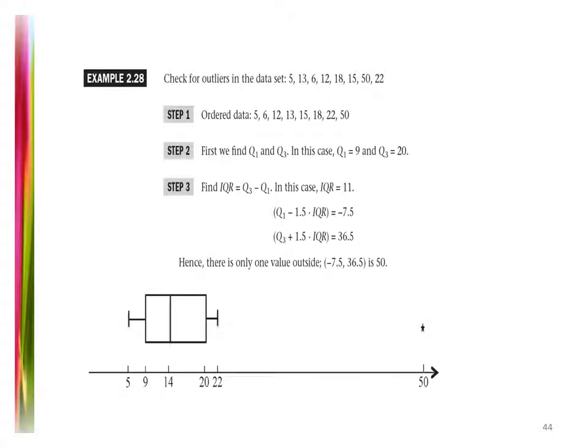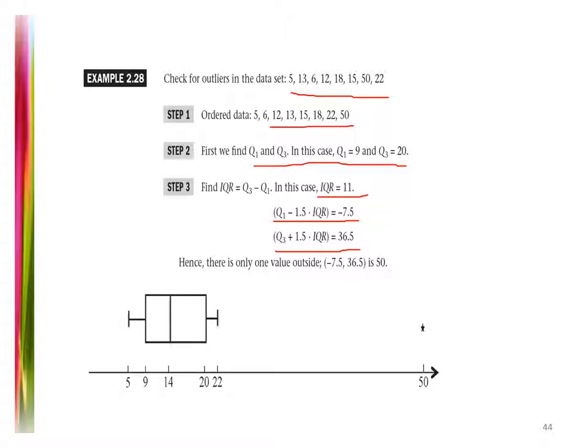This is the end of the example. In the next case, this is our data. First we have to rearrange the data and calculate Q1, Q2, Q3. I think this calculation is already done. Also calculate the IQR, interquartile range, and the lower fence and upper fence.